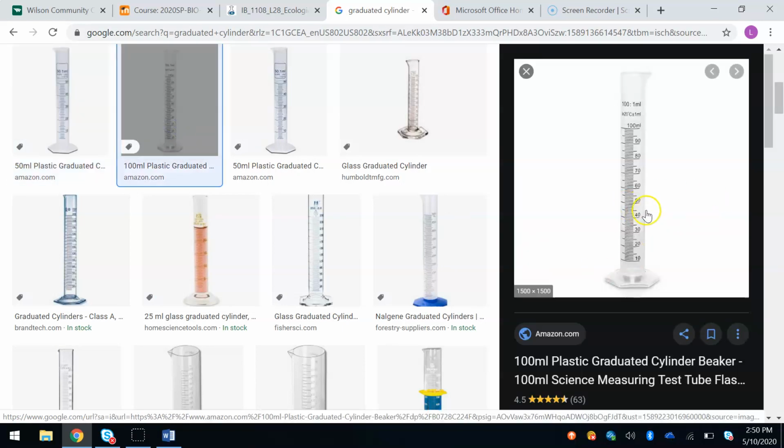All right, so let's say you have liquid all the way up to the 100, but the oil is floating on the top. And let's say that the oil starts here at the 85, and then it goes all the way up to the 100. Then that means you have 100 minus 85, and that's 15 milliliters of oil.